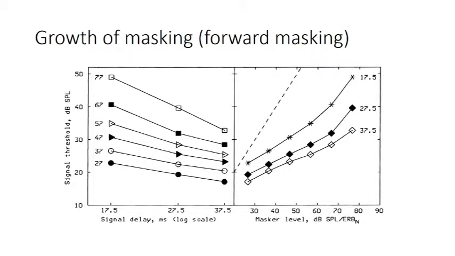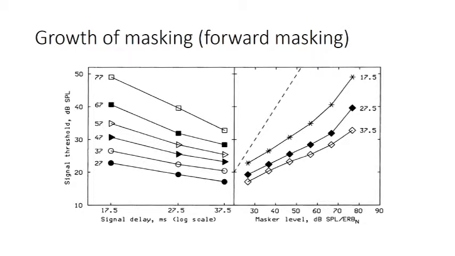The left panel was a function of signal delay with an additional parameter of masker level. On the right panel, the same data is a function of masker level with an additional parameter of signal delay. So the data on the left panel and right panel are exactly the same, but they are shown in different ways. You should be able to follow that.